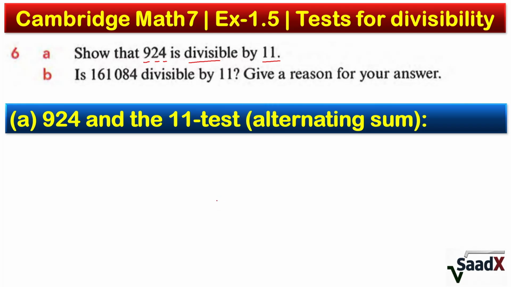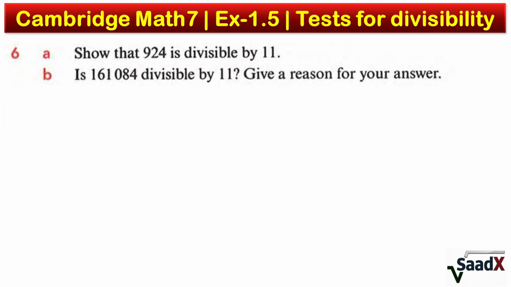The test is called the alternating sum. Alternating sum is a very interesting type of test. Question 6: show that 924 is divisible by 11.